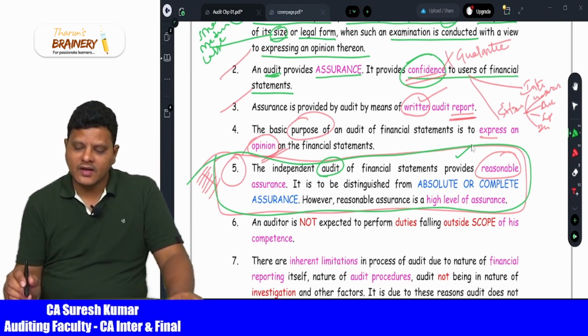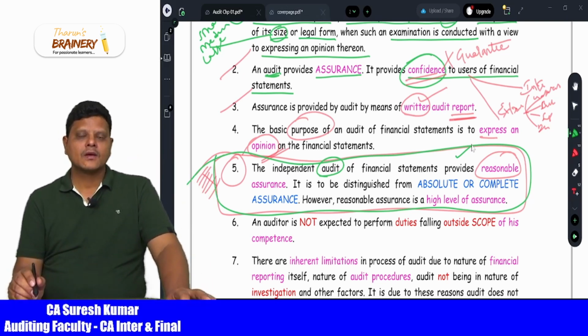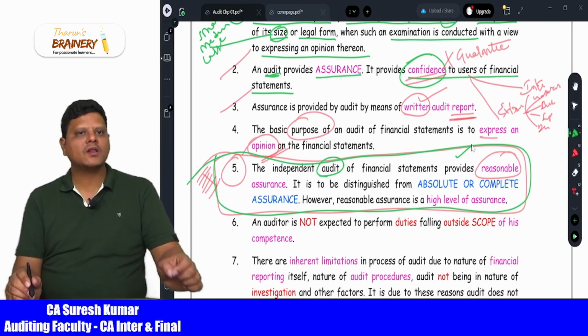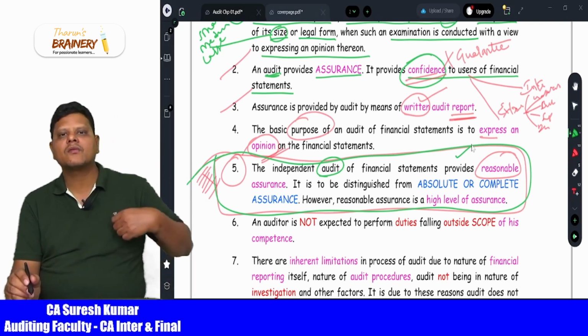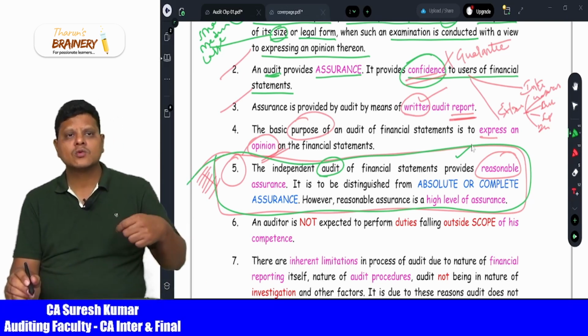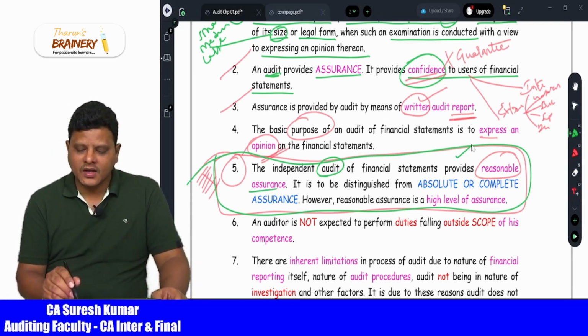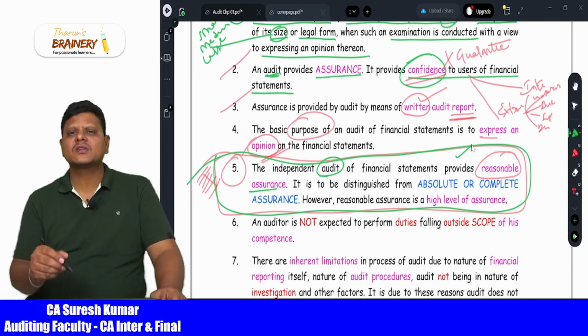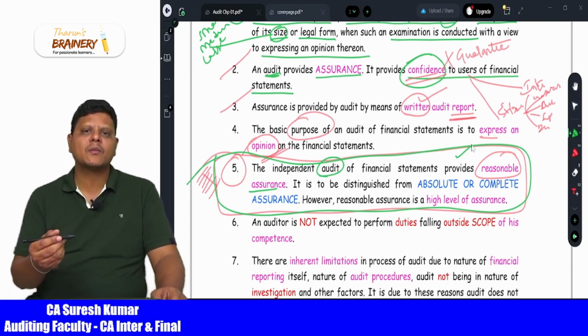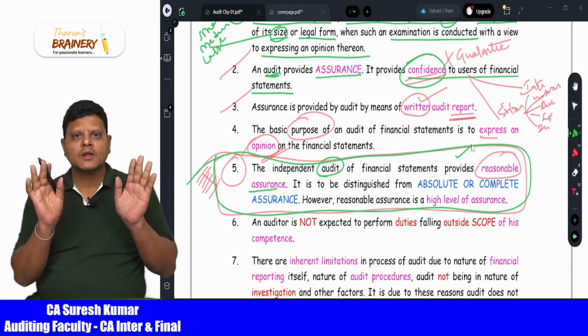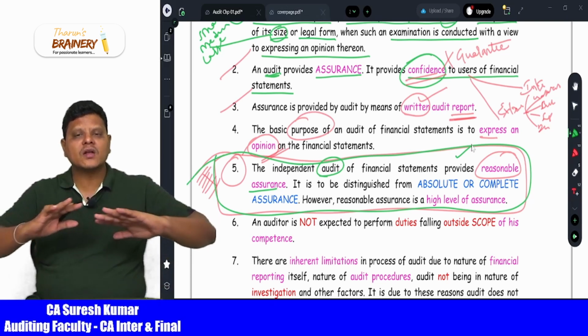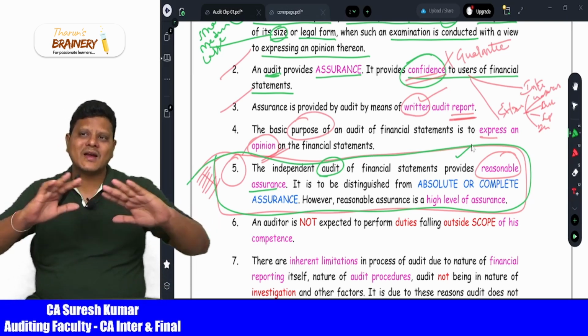So I have given reasonable assurance. Whenever the auditor gives the opinion, I have given confidence to the users. What kind of confidence? Reasonable confidence. It is to be distinguished. Whenever you say reasonable, how should you understand it? I am giving minimum assurance. So how to distinguish and understand this concept?